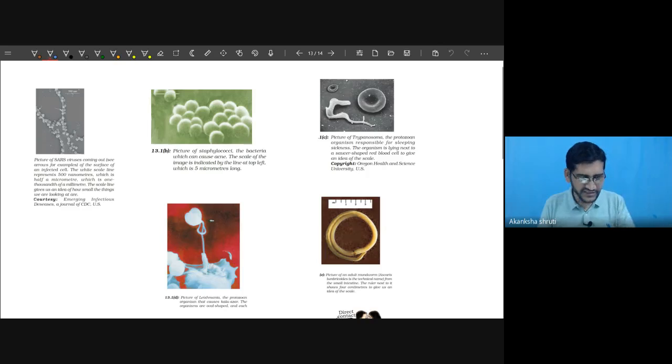The SARS, which is causing the disease. SARS is a virus that we had already written. You can mark it here, SARS virus. So this is the viral. The second one is our bacteria.